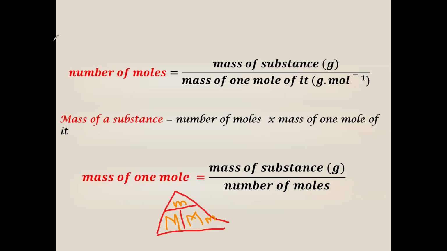If we need to calculate the mass of a substance, it will be the number of moles times the mass of 1 mole, or the molar mass. So it's easy to draw this triangle to remember how to calculate any from any.